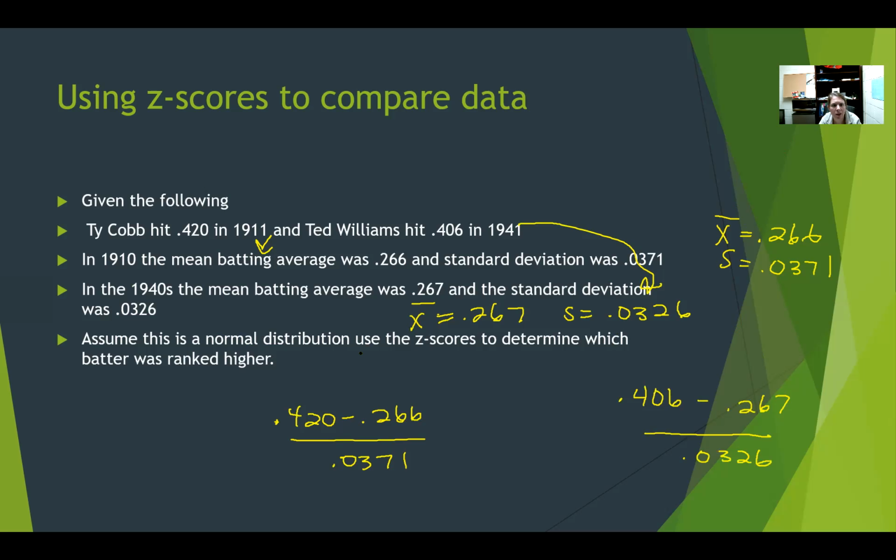So we're comparing Ty to Ted here. And when we do that, we'll end up with 4.15 approximately, and over here, 4.26. Okay. So obviously here, Ted was ranked better because he had a higher z-score, okay? Which means more percentage of people falling below him, okay?